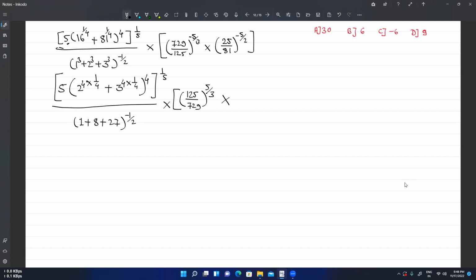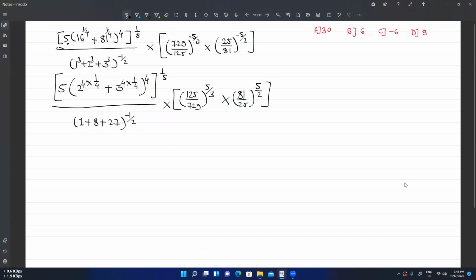Similarly with this bracket, 25 upon 81 can be written as 81 upon 25, whole bracket raised to minus 5 upon 2 was given, but now we made the reciprocal of the base, so this negative sign will turn positive, meaning 5 upon 2, and bracket close.